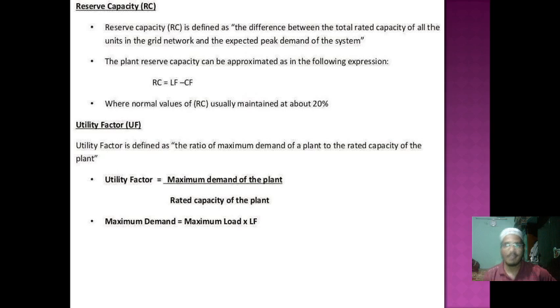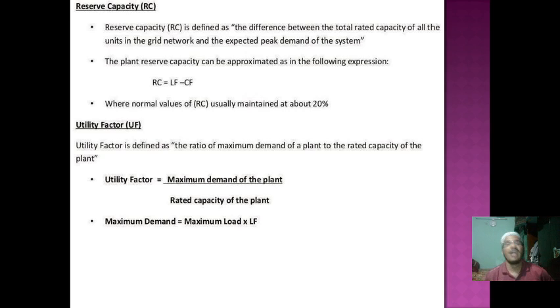Okay, next, reserve capacity. For example, in our system, whenever we install a hard drive, some amount of GB is taken from the hard disk by Windows for the reserve capacity.